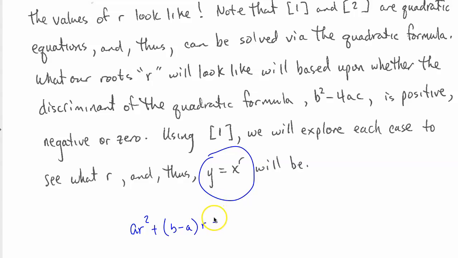All right. So if we solve this particular indicial equation for r, depending upon what r looks like, that's going to let us know what our general solutions to this equation type look like. Okay. And so we're going to go through that now.